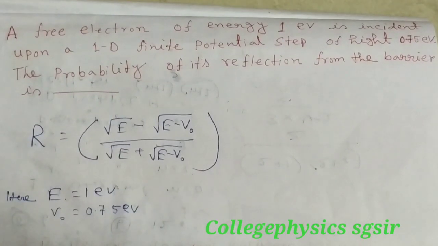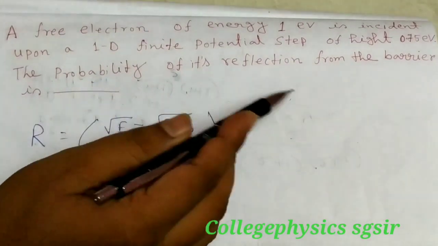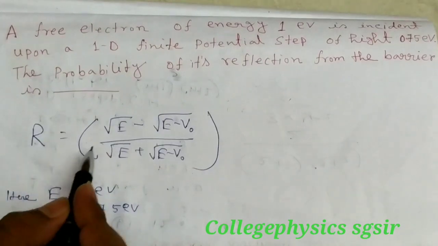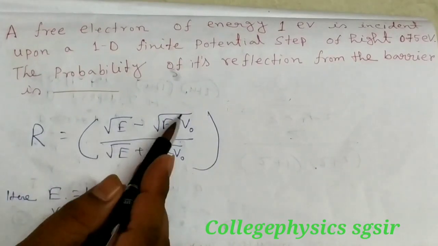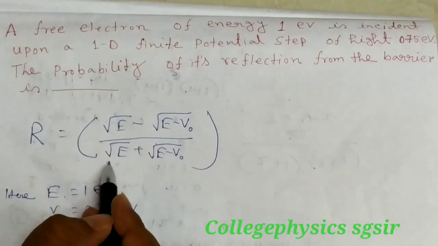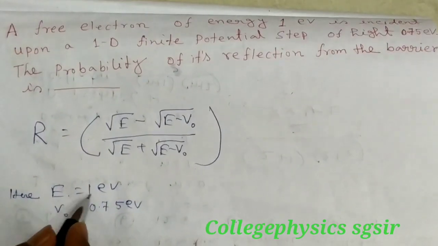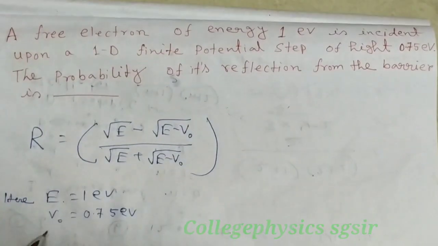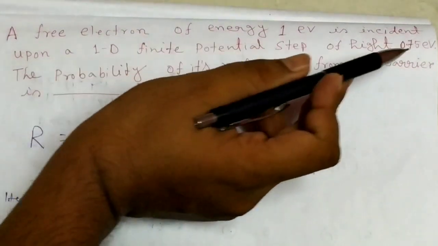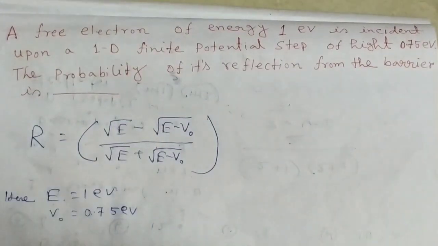We know the reflection probability R is equal to (root over of E minus root over of E minus V0) divided by (root over of E plus root over of E minus V0), squared, that we discussed in our class. So here E is equal to 1 electron volt and V0 is given as 0.75 electron volt.